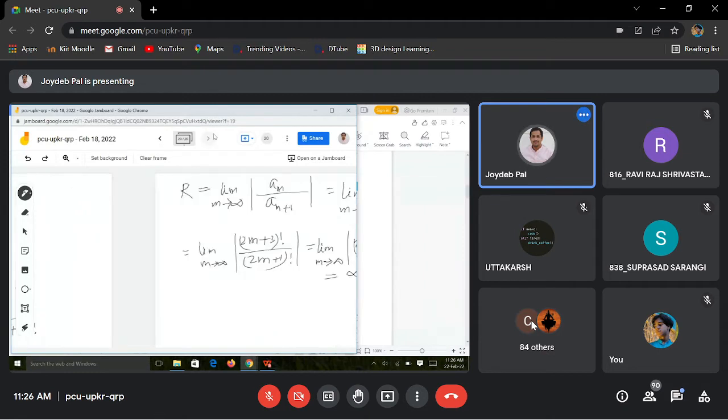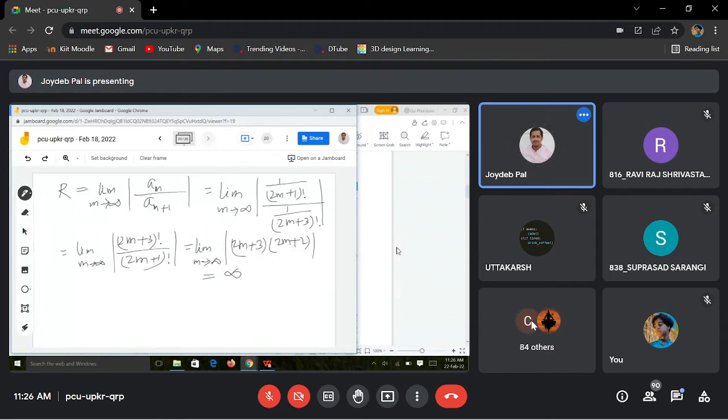So finally I have to conclude that the radius of convergence for x into that series is infinite.